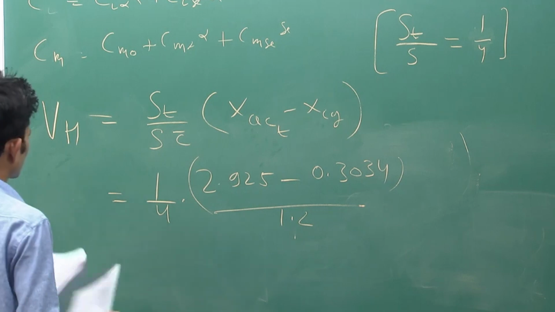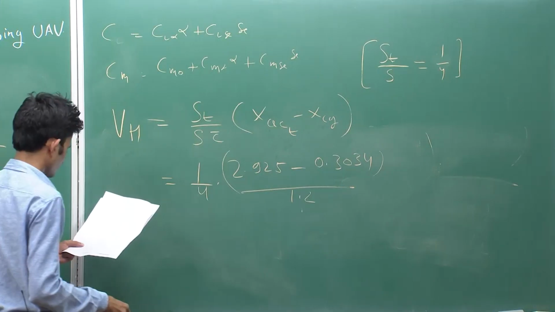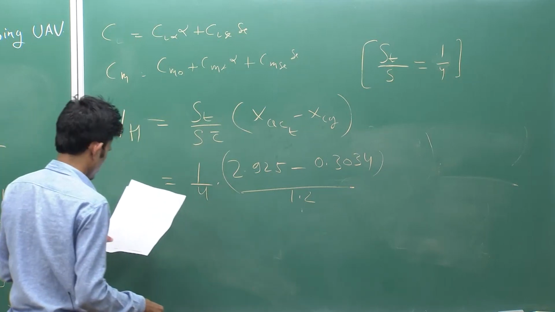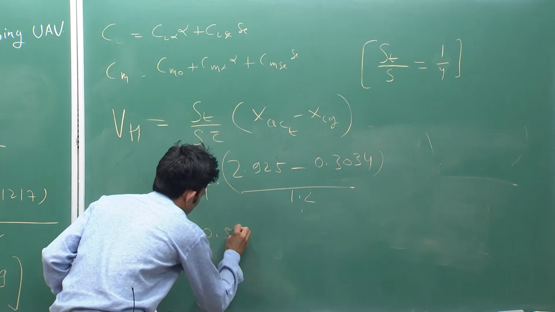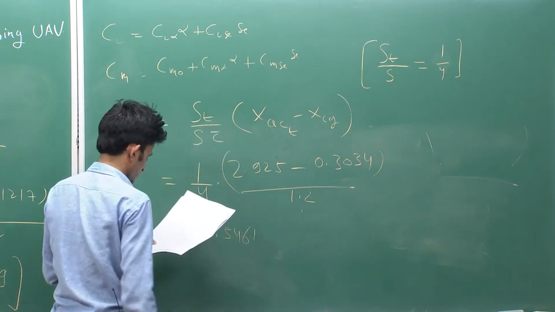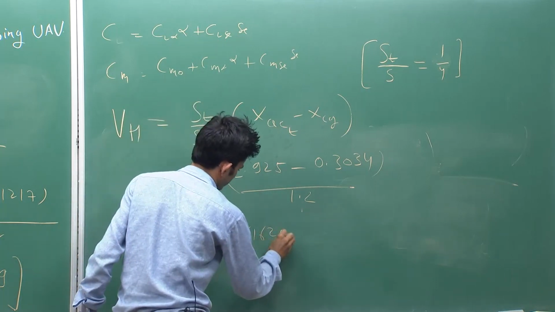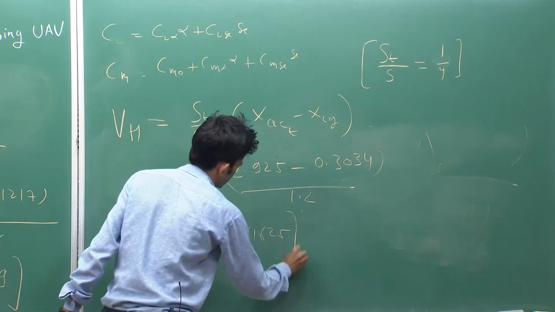Okay. So, what will you get? You will get approximately 0.5461625. This is nothing but your tail volume ratio, the horizontal tail volume ratio.